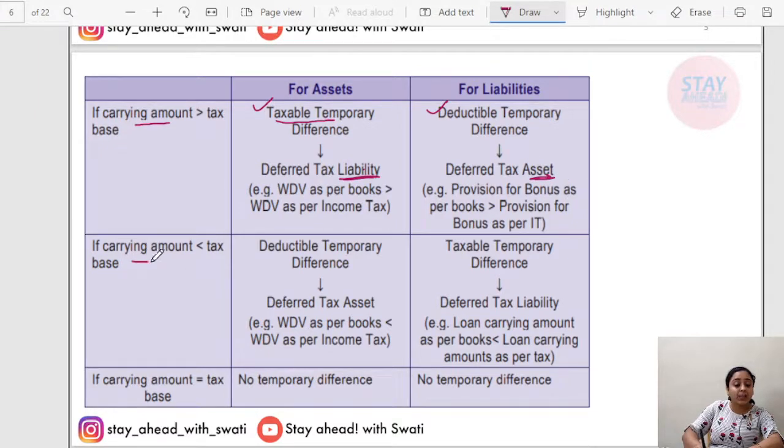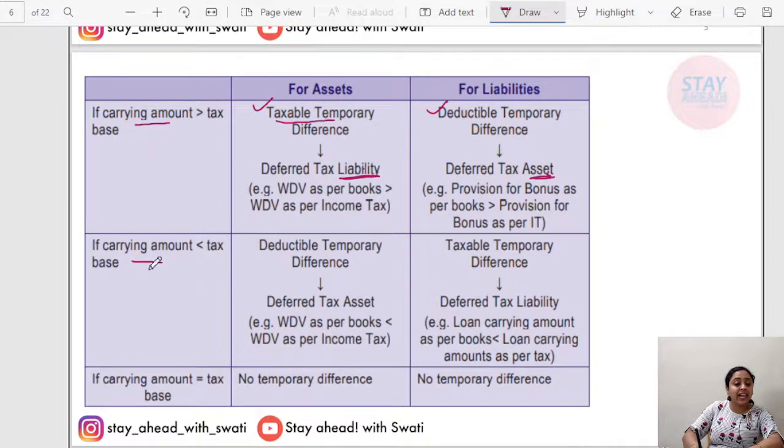Now, if the carrying amount is less and the tax base is greater, then for an asset, you have to see deductible means asset, DTA, and for liabilities it is taxable, and therefore the liability increases, and therefore it is calculated as DTL.